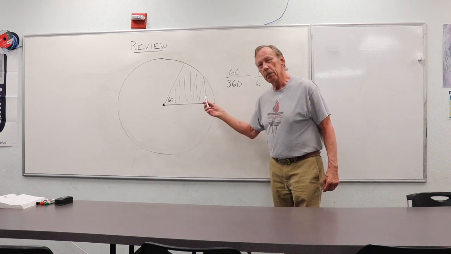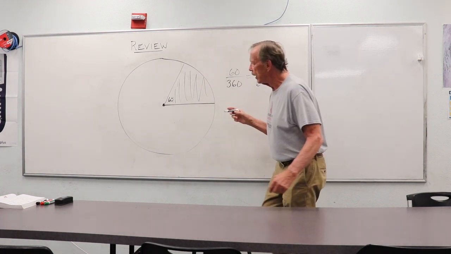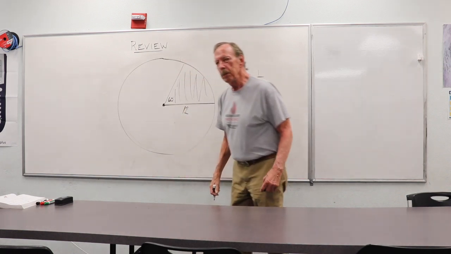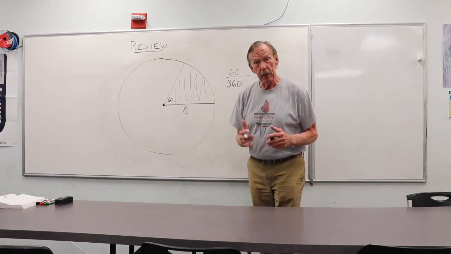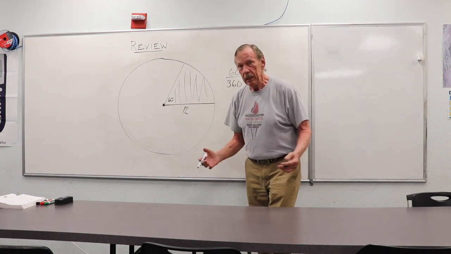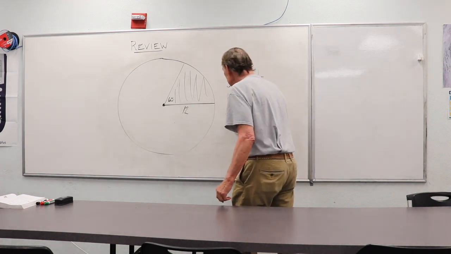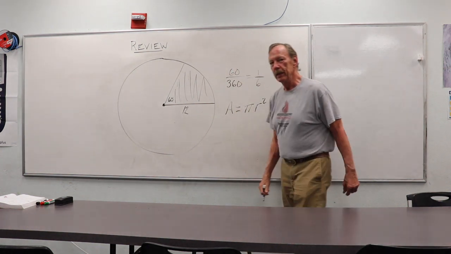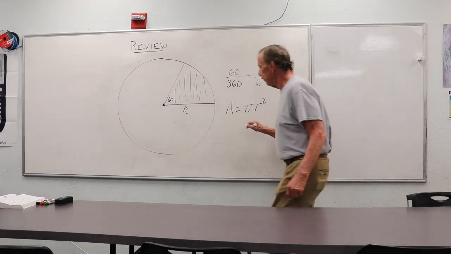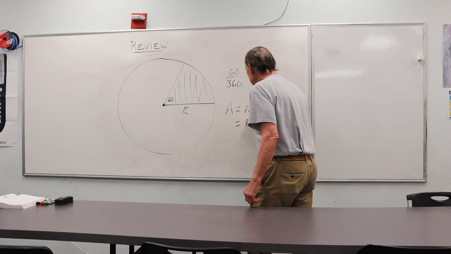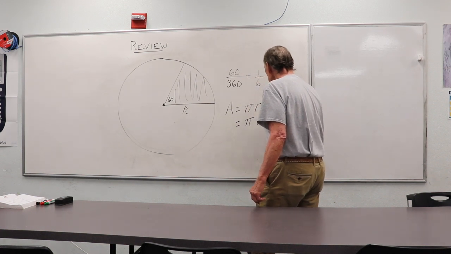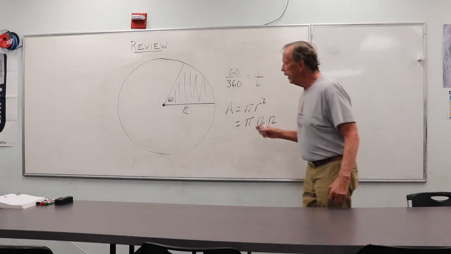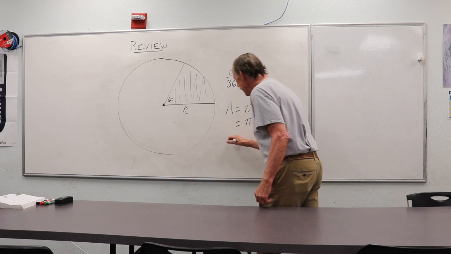Now, in order to come up with a number here, we need a radius, because we're getting 1/6 of the whole circle. The area of the whole circle is pi times the radius squared. In this circle, that will be pi times 12 times 12, the radius squared. And we want 1/6 of that.